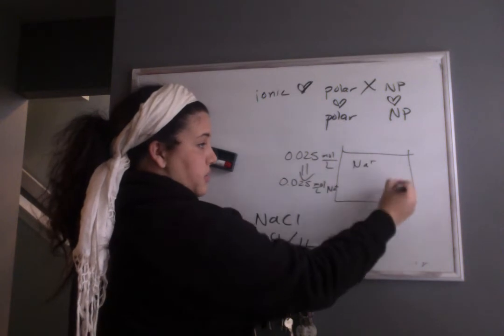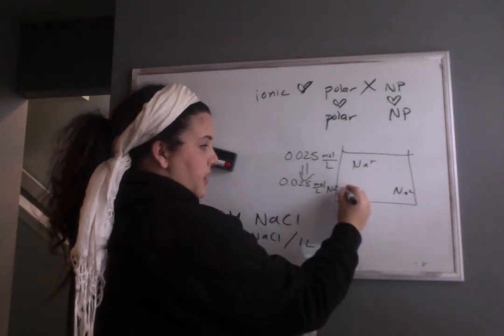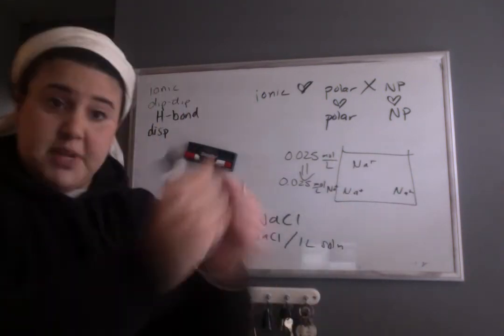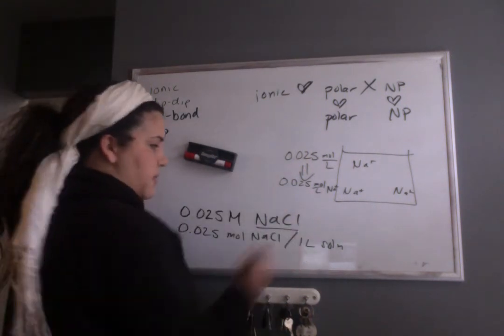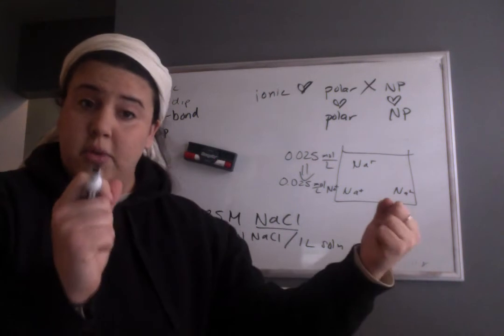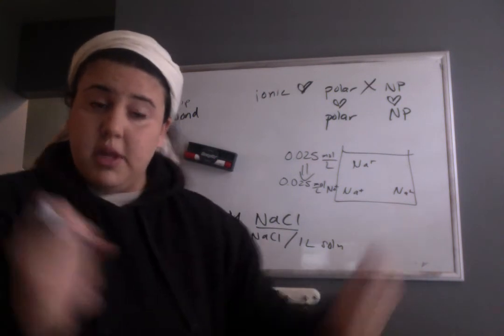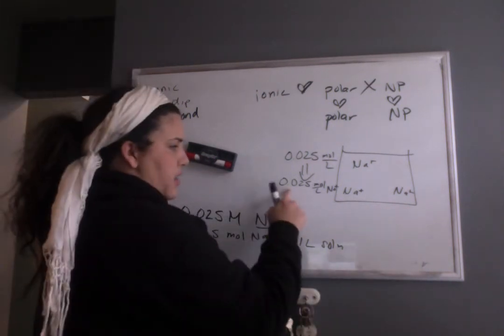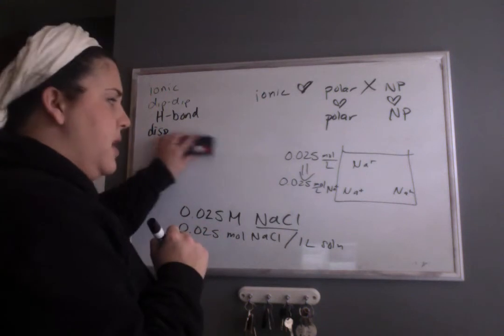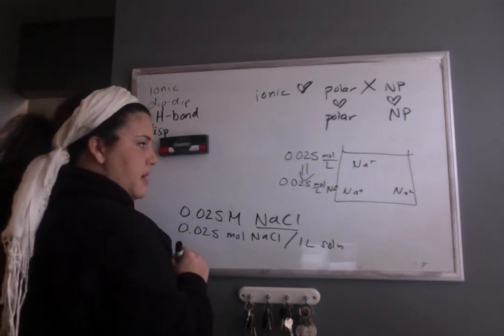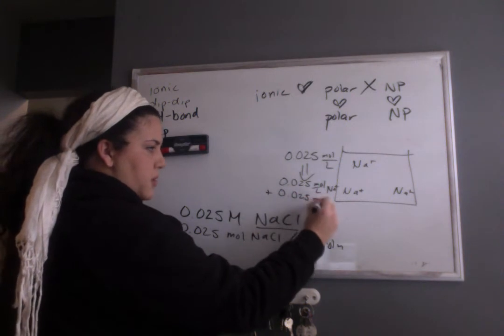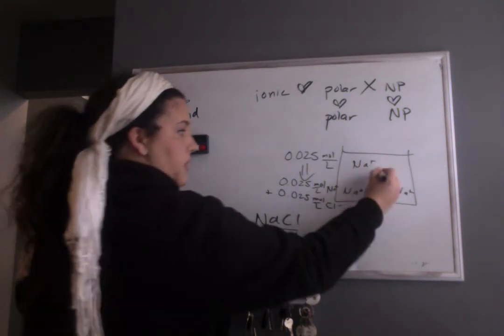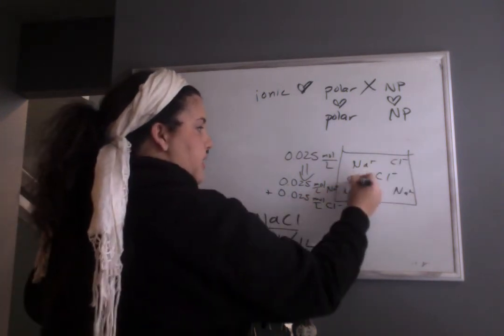Remember that in solution, the sodium and chlorine break apart from each other. So really what I have is for every 1 mole of sodium chloride, I will get 1 mole of sodium and 1 mole of chloride. So I've got 0.025 moles per liter of sodium. I also have 0.025 moles per liter of chloride in solution.